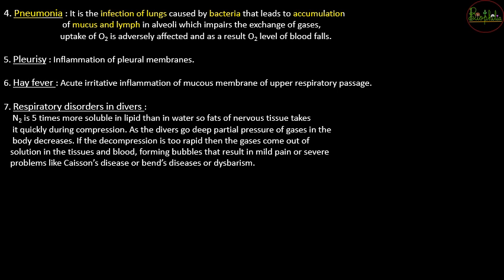Problem ऐसा है कि exchange of gases is going to reduce. Okay, now once the exchange of gases reduces, uptake of oxygen is going to be affected, और oxygen uptake अगर कम है तो उसकी वजह से oxygen levels blood में are going to reduce. Now once the oxygen levels start to reduce, there are high chances for other conditions to cascade.